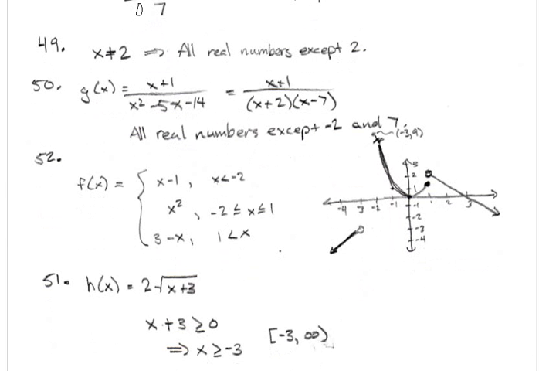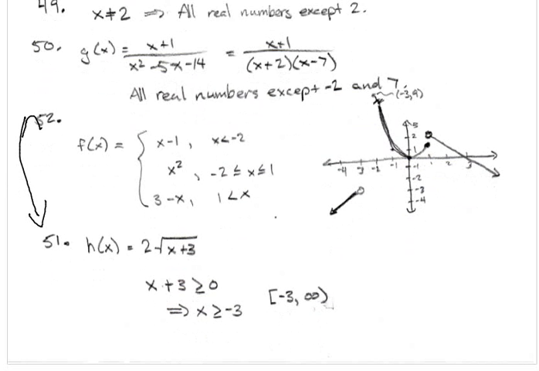That's right, I did this in the wrong order. All right, so we'll do number 51 first here. We know that we can never take the square root of a negative number and still get out a real number. We would get out a complex number, but we'd never get out a real number. And we want to find the domain where we get out all real numbers.